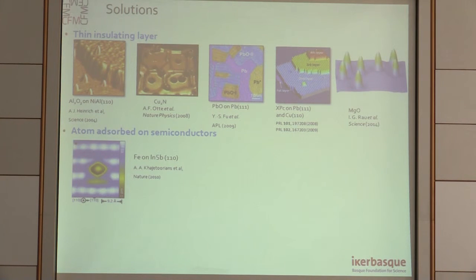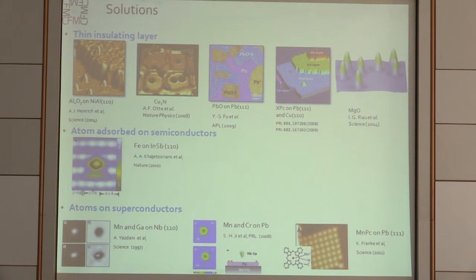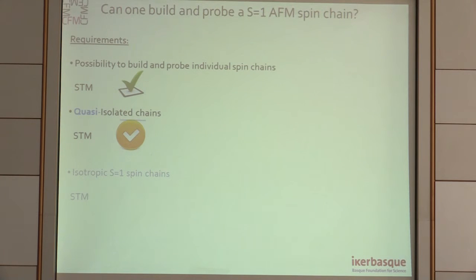Another possibility that has already been done experimentally is to adsorb the magnetic atoms on a semiconductor, and a third possibility is a superconducting substrate, where the superconducting gap prevents the low energy excitations. So even though we cannot fully isolate the system, we can build systems that are quasi-isolated and still resemble or keep most of the properties of the isolated system.